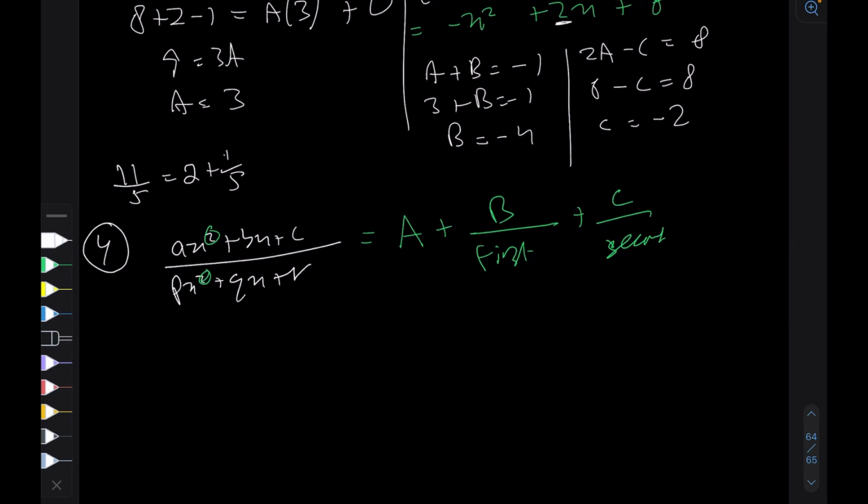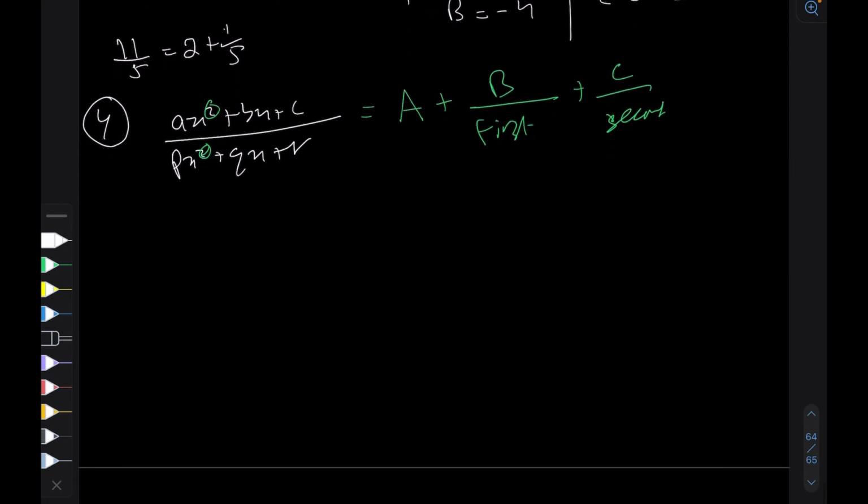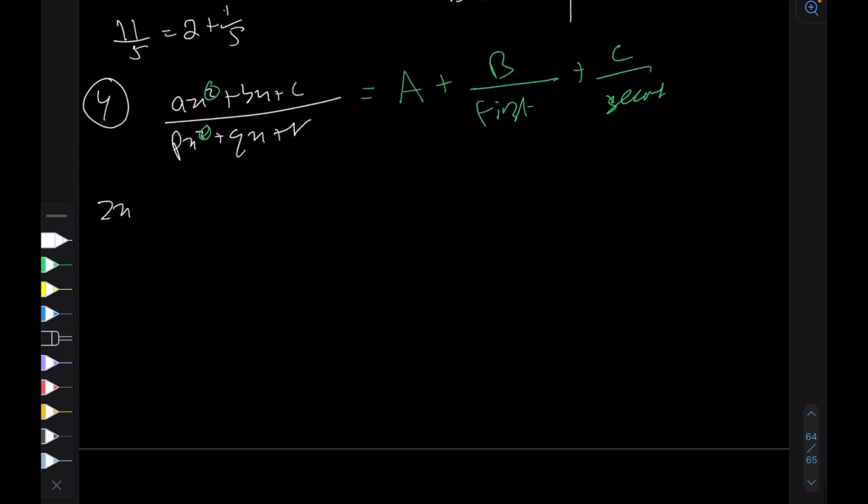So let's do an example from the book, that is 2x squared plus 5x minus 11 divided by x squared plus 2x minus 3. Now, one thing you can do is definitely do long division, and that would give you the a.